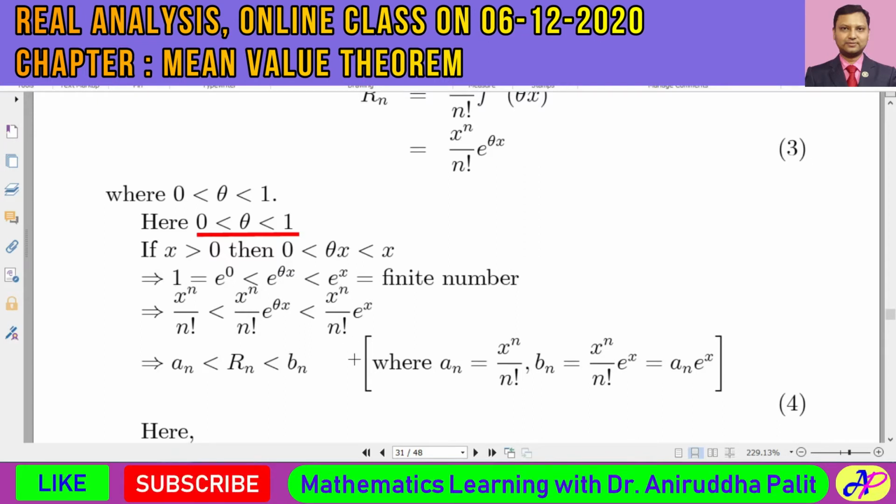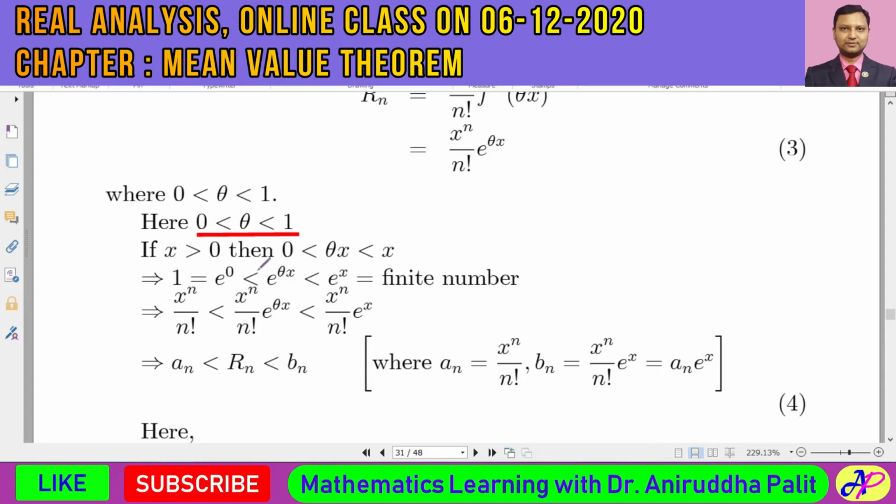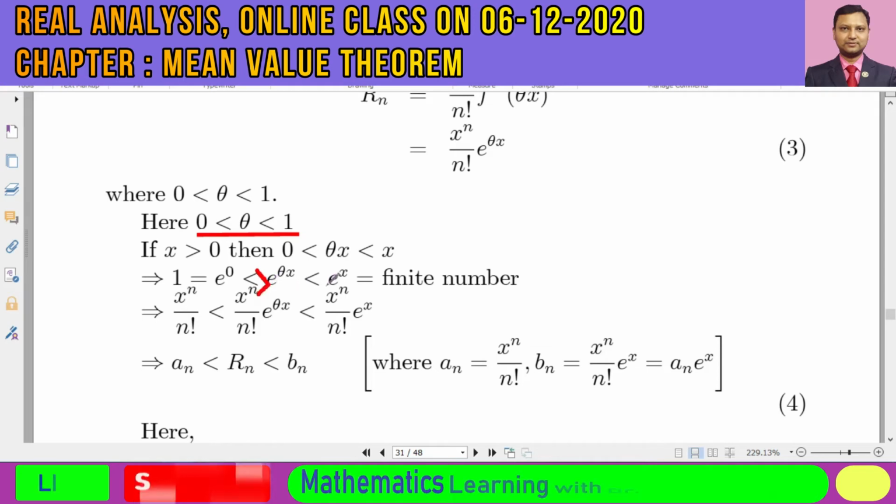Got it? Now we multiply this inequality by x to the power of n by factorial of n. Observe very carefully. At first we are multiplying this inequality by x. If x is a negative number, then in place of this less than inequality we shall have a greater than inequality.